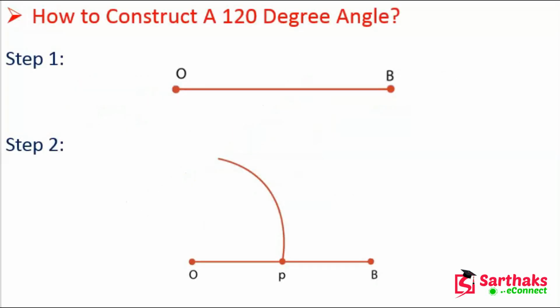Now we are going to see how to construct a 120-degree angle. As you know, a 120-degree angle is double of 60 degrees. Step 1: first of all, draw a line OB.